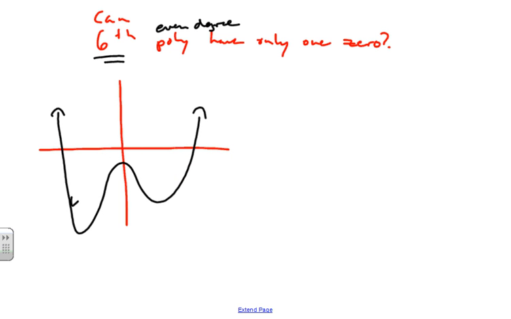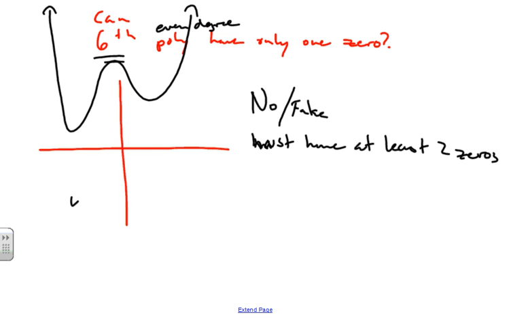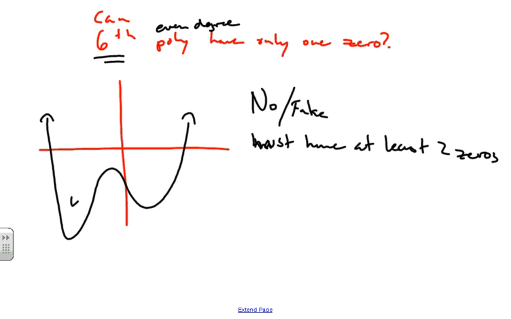So the answer in this one is, once again, no, or false. Any even degree would have to have at least 2 zeros, or none, because you could bring this up all the way to the top, where it has no zeros, if it was shifted.